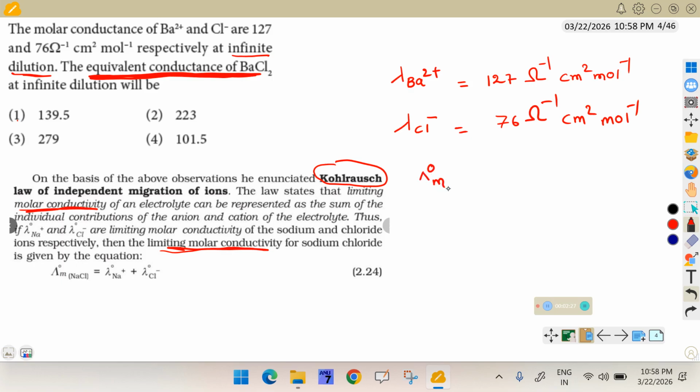Lambda naught, the molar conductivity of BaCl2, is equal to lambda Ba2+ plus 2 times lambda Cl-. In BaCl2 only one barium ion and two chloride ions are present.